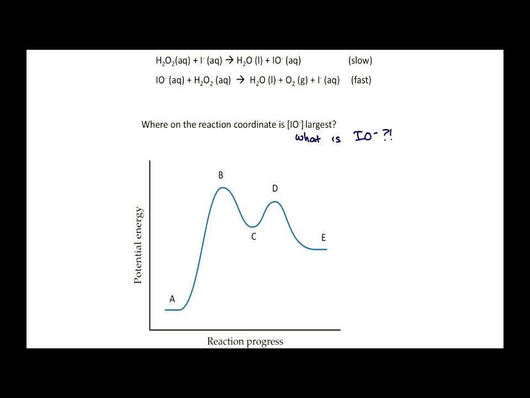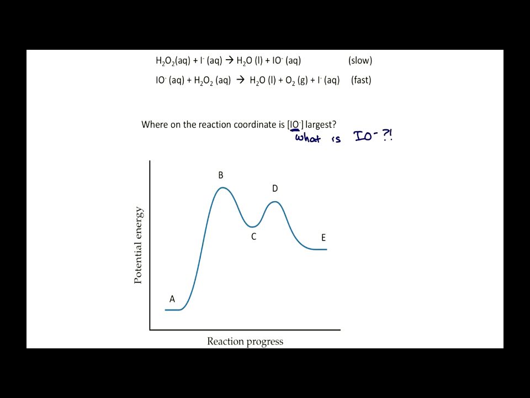All right, so one last thing for this question. This is the same reaction, the decomposition of peroxide. Where on this reaction coordinate diagram, so A, B, C, D, or E, is the concentration of IO minus the largest? Think about what IO minus is. Is it a reactant? Is it a product?